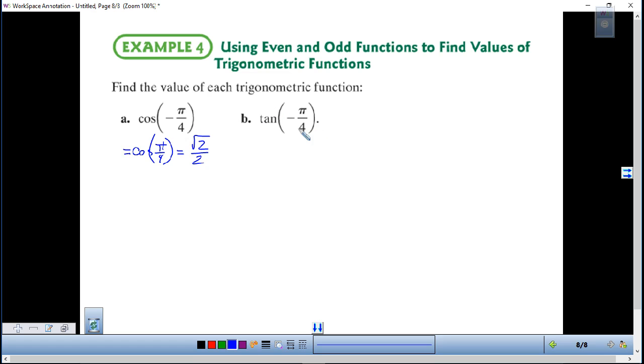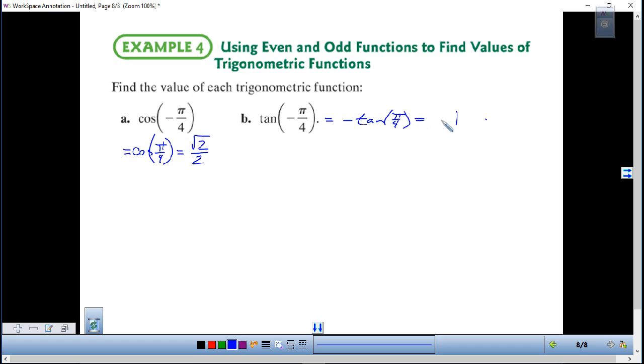Now tangent, on the other hand, will equal negative tangent of pi over 4, because it's an odd function. It has a sine in it. So what happens there is, what's the tangent of pi over 4? Well, we knew that that was 1.